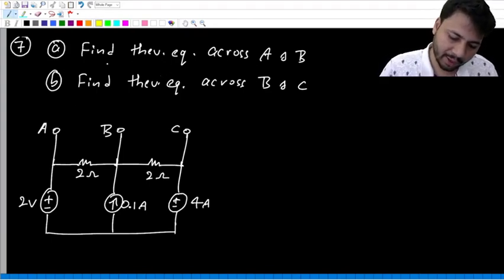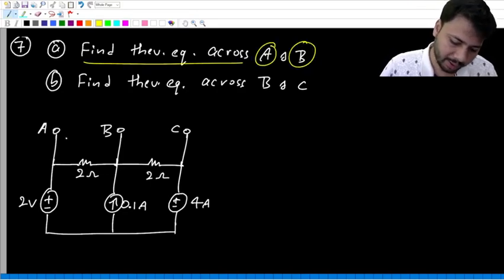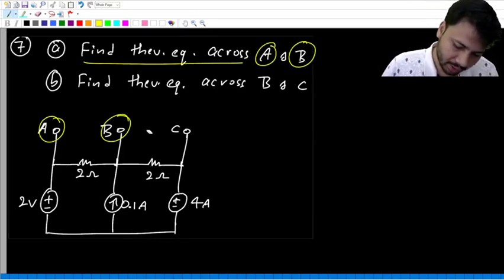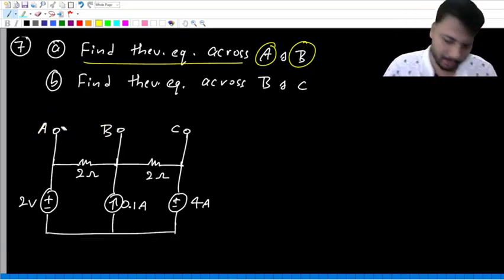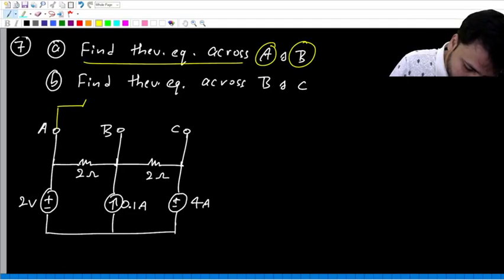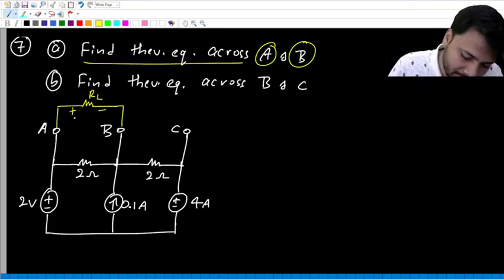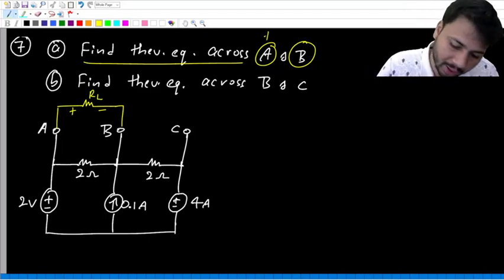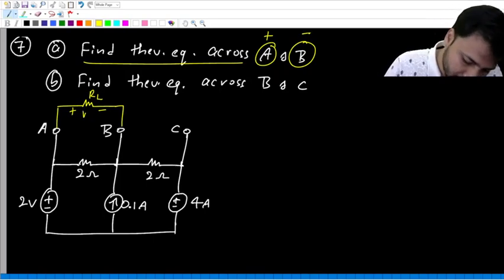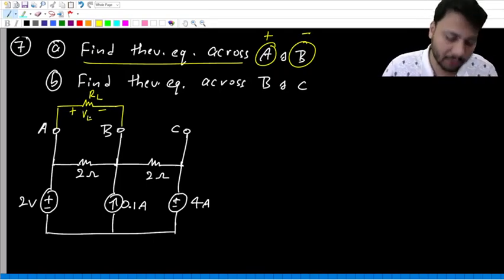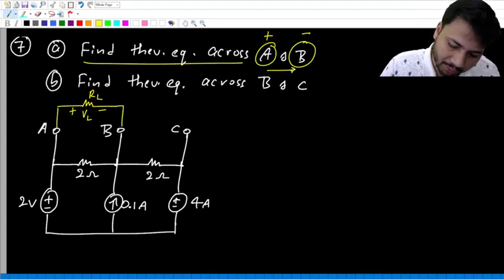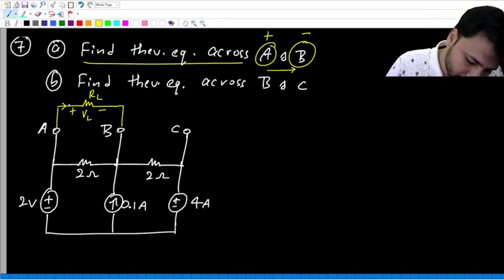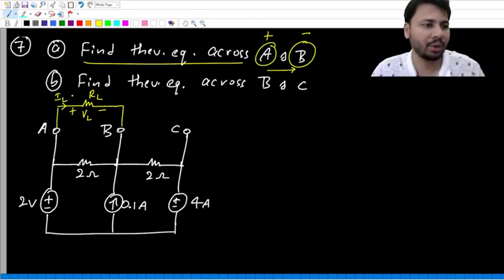In the first case, you have to find the Thevenin equivalent across A and B. So this is A, this is B. When I say find the Thevenin equivalent across A and B, it is understood that you are going to connect the load like this across A and B, and the polarity of the load voltage will be plus on A and minus on B. Even the load current will flow from A to B. This is the direction of the load current.